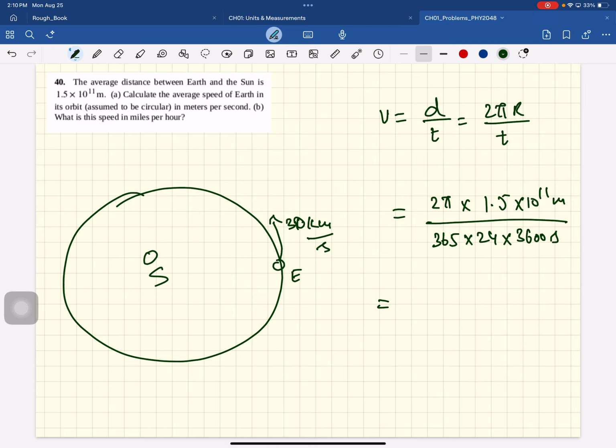So that's the speed in meters per second. All right, so 29. So roughly 30 kilometers a second, okay?